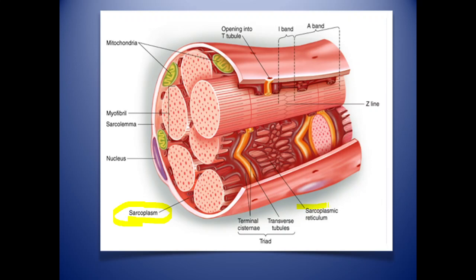Then, very importantly, they have the sarcoplasmic reticulum, that is the endoplasmic reticulum, which we are referring to as sarcoplasmic reticulum. Numerous sarcoplasmic reticula will be present inside each of the fibers. They are responsible for release of calcium ions that will actually trigger the working of the filaments.